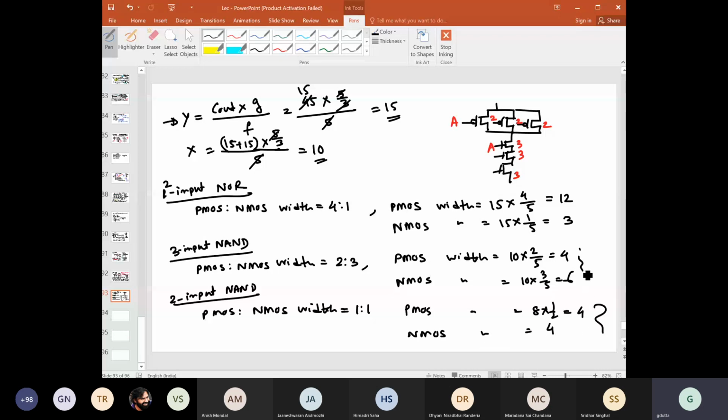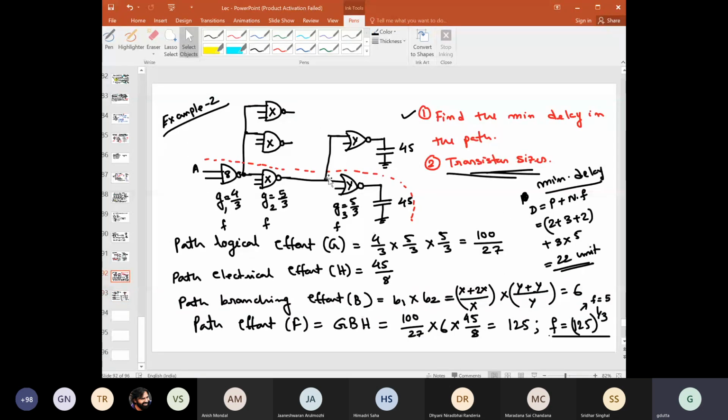So now we know the transistor sizing for each and individual transistor, right? Whatever has been asked of us, we have estimated almost all the things. But for our curiosity, let us do one simple exercise. Let us find the propagation delay of each individual stage: this stage, this stage, this stage.